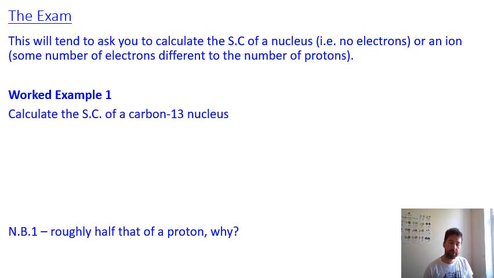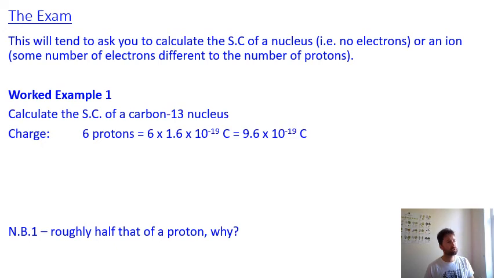So then you've got to make that mental distinction. You need to think about how many protons are in the nucleus, how many electrons remain on the shells, and that might be fewer than the number of protons for a positive ion, or greater than the number of protons for a negative ion.